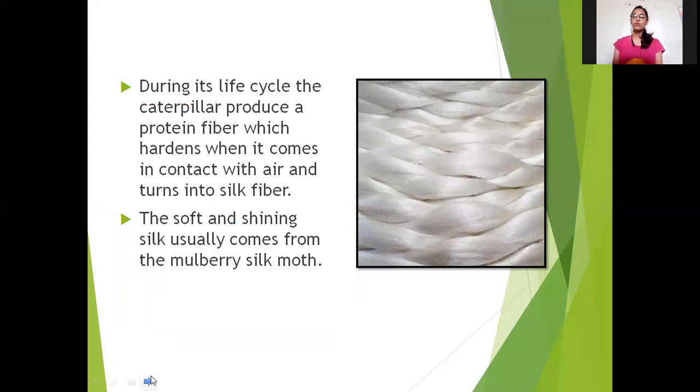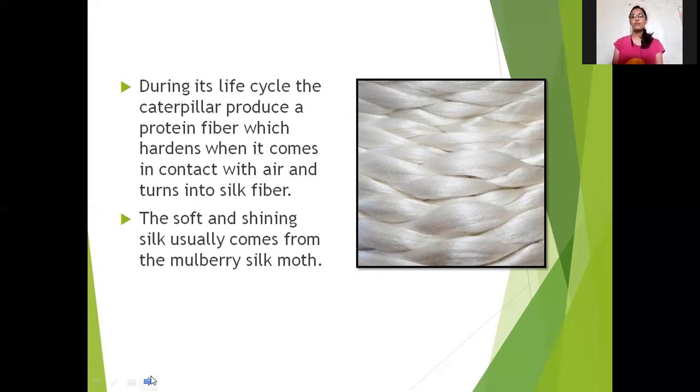The important thing is that during this life cycle, the caterpillar produces a protein fiber which hardens when it comes in contact with air and turns into the silk fiber. You often have seen or heard about the fiber, that is silk fiber.